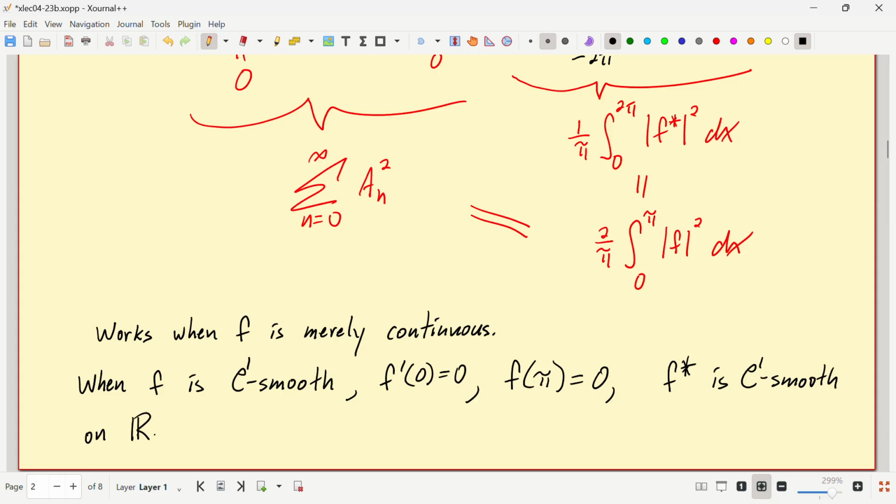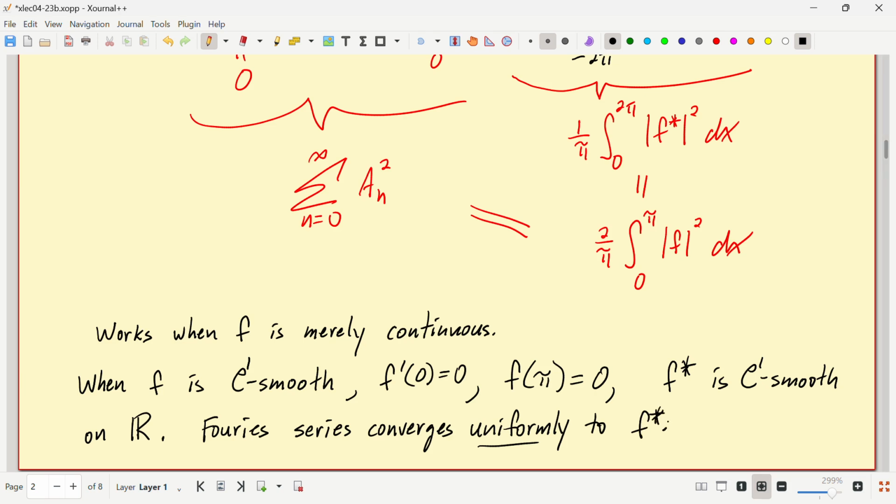And you show in your homework that that means the Fourier series is absolutely convergent. And that means the solution converges uniformly. The series converges uniformly, and the Fourier series is the funny cosine series, the generalized one, uniformly to the desired limit f star.